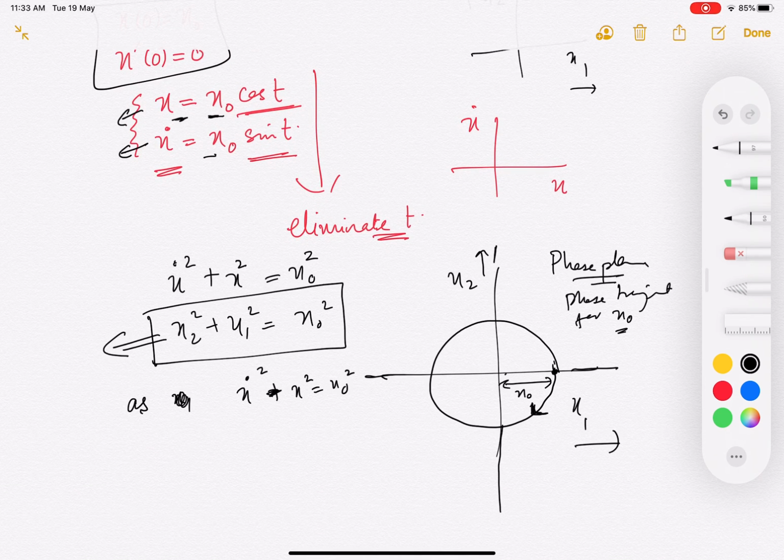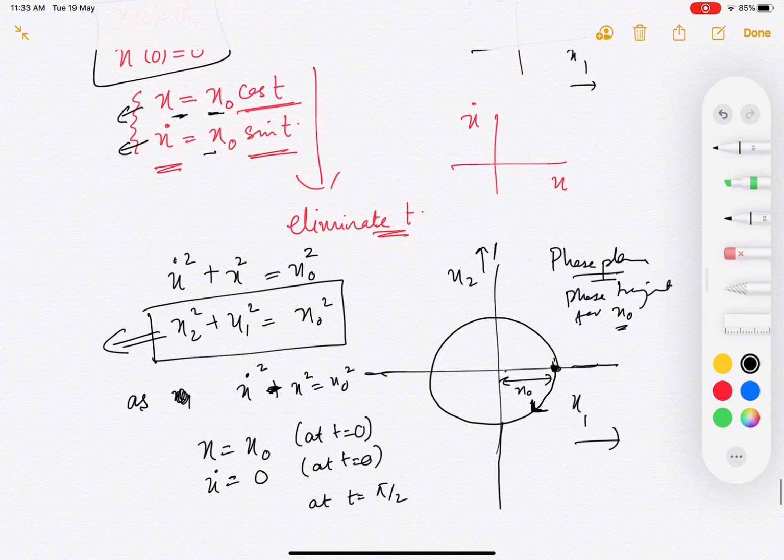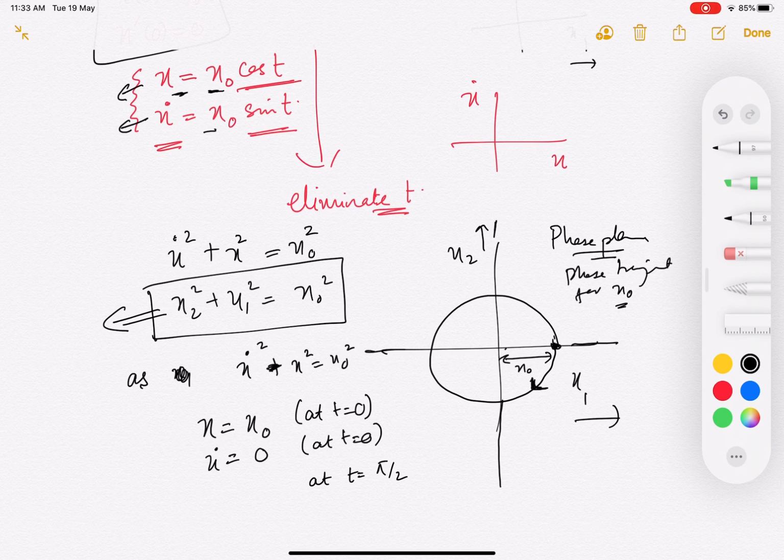So let us say that x is equal to x0 at t is equal to 0, and x dot would be 0 at t is equal to 0. So that is this point here, and what is going to happen at t is equal to, say, pi by 2? At t is equal to pi by 2, x is equal to 0.